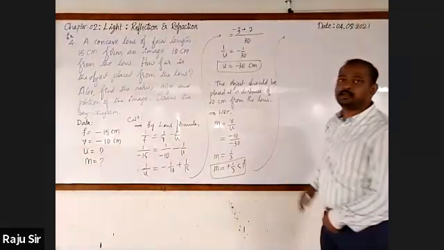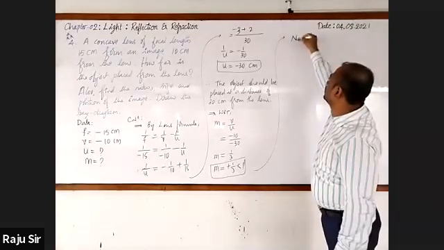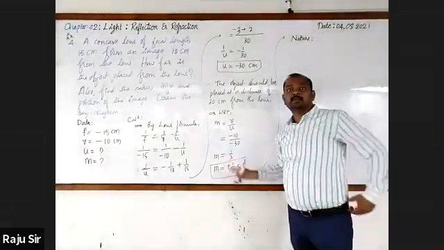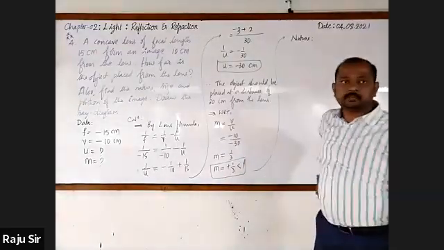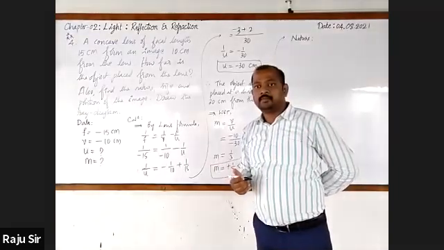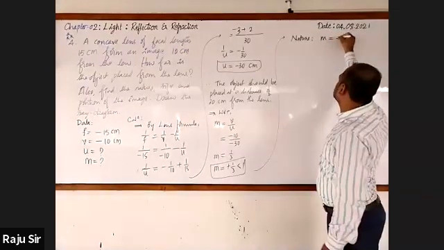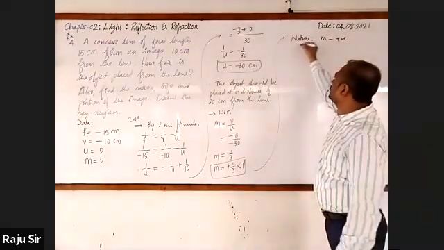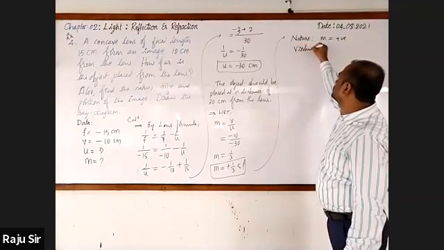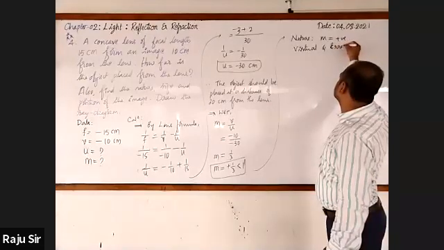With this information, let us write nature, size and position. First, nature. As magnification is positive, what do you say about the nature? Can it be caught on the screen? No, sir. It is virtual and erect. M is positive. Therefore, the nature of the image is virtual and erect.